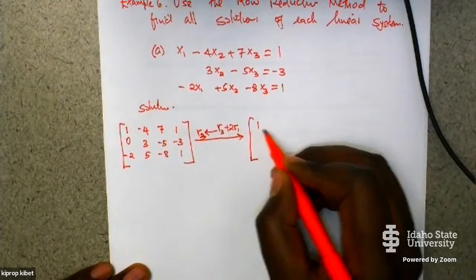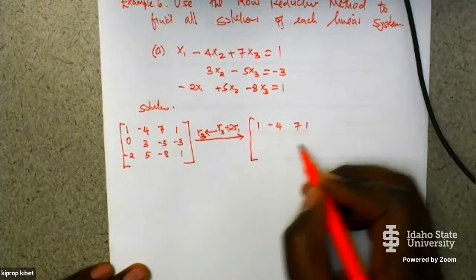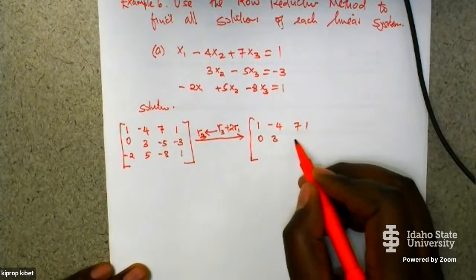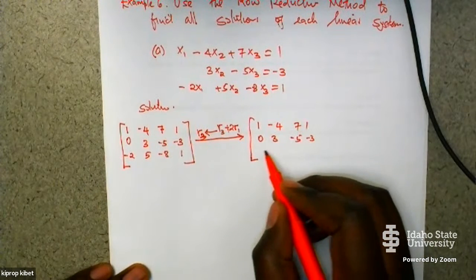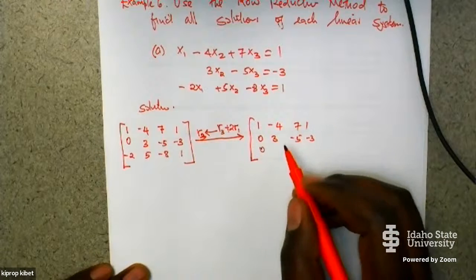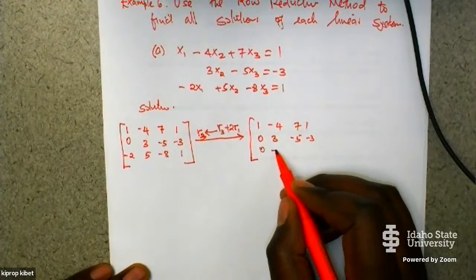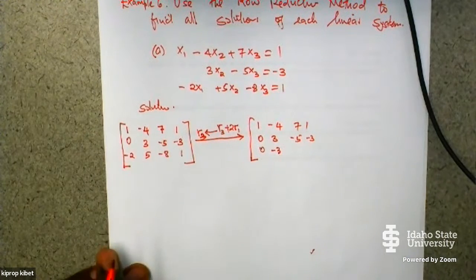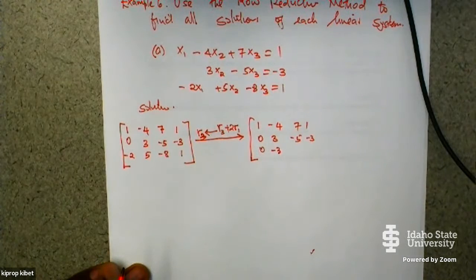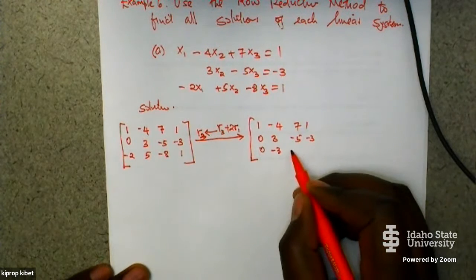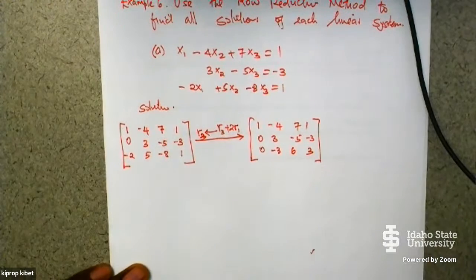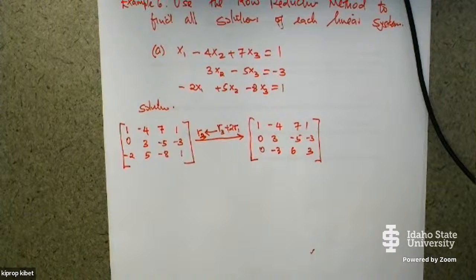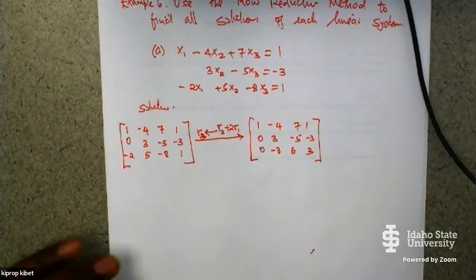So we get 1, -4, 7, 1; 0, 3, -5, -3; and then 0, -3, 6, 3.